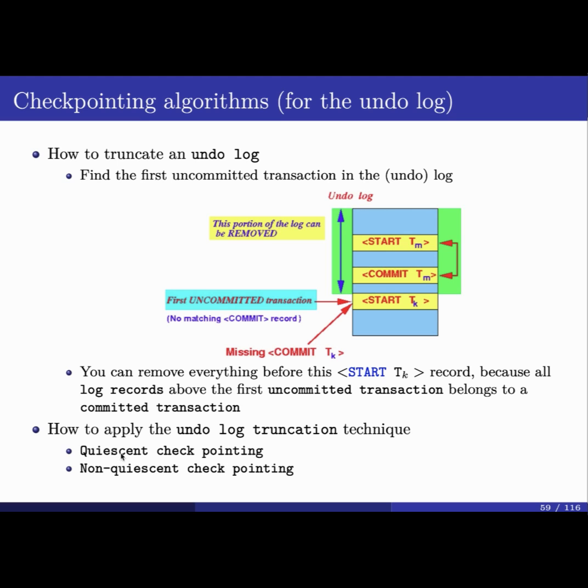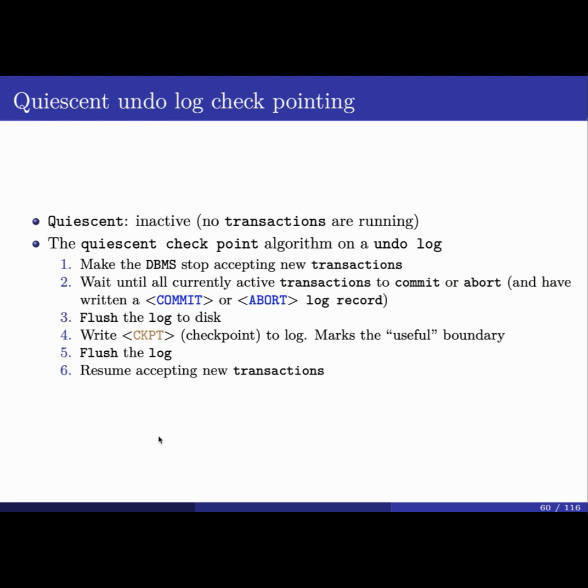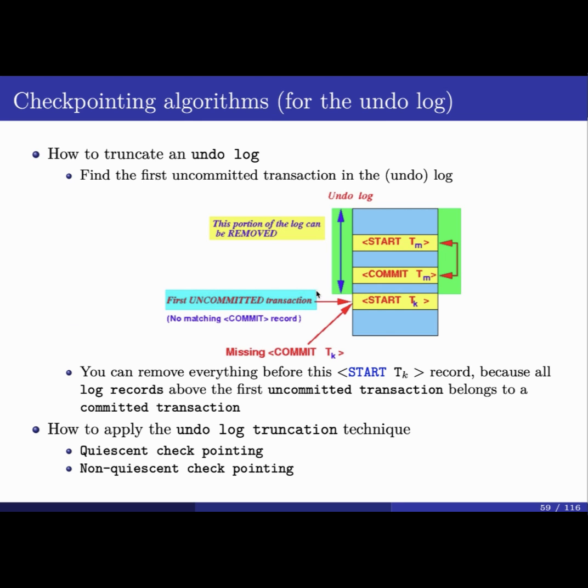The quiescent checkpoint is a simple way. That means the system is inactive. I need to make sure that no transactions are running in this case. How can we do that? This is the algorithm. Make the database management system stop accepting any new transactions. Say at this point I decide I need to write a checkpoint here.